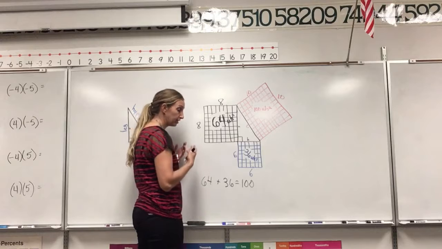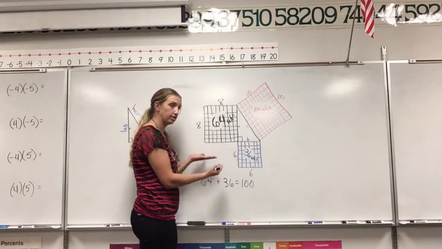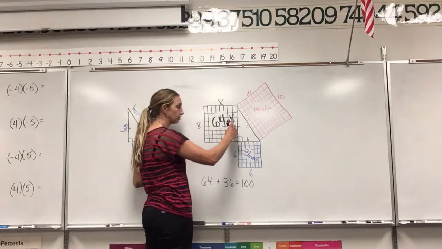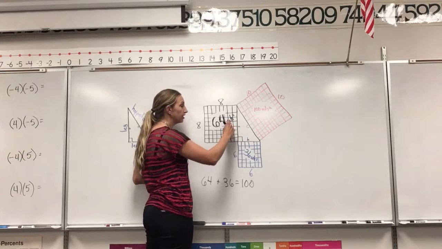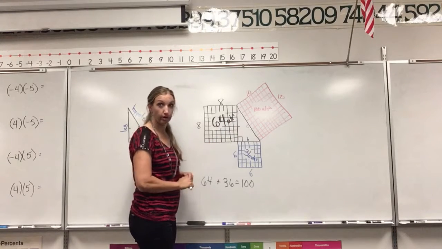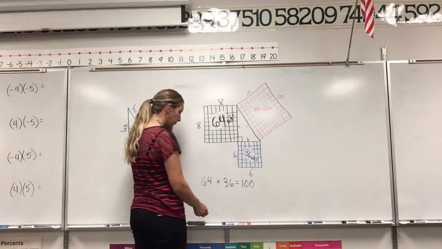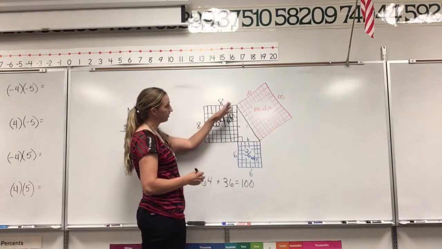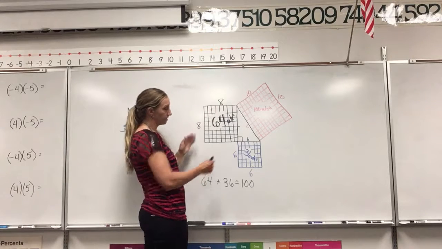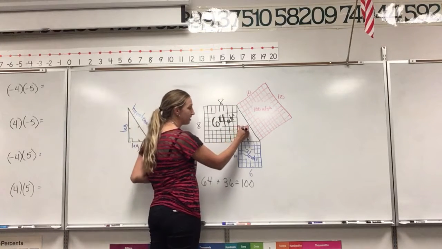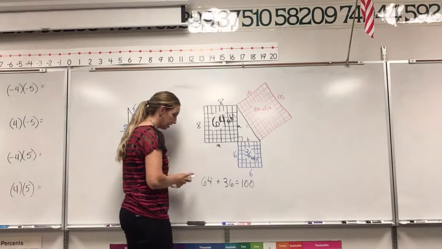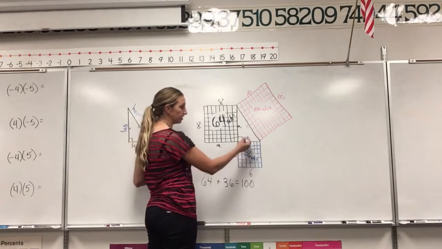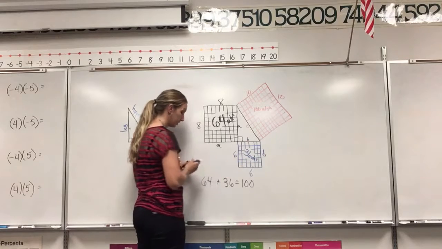And the Pythagoreans found that this happened all the time. If I took one leg and squared it and added it to the other leg that was squared, it would equal the hypotenuse squared for every right triangle. So this is where the formula comes from. If instead of thinking of this as 8 by 8, think of it as the variable a by a, and the same with this one, instead of being 6 by 6, it is b by b.